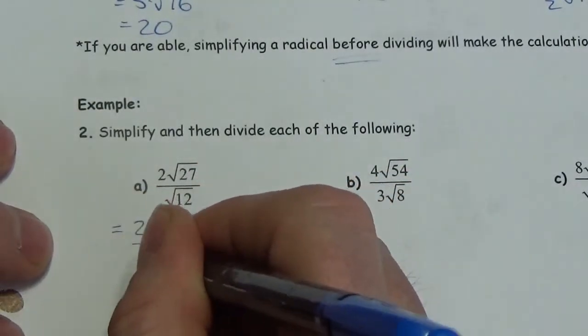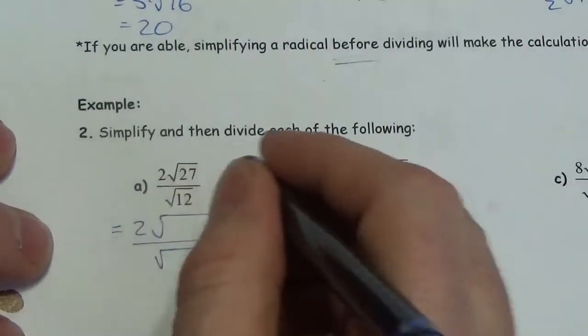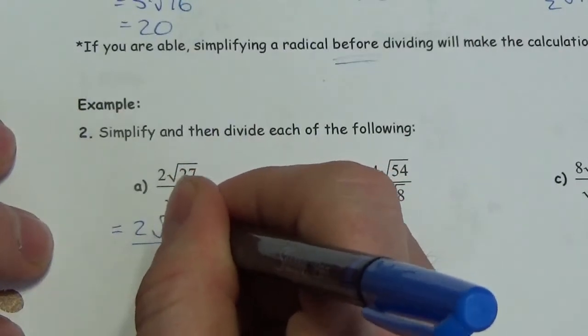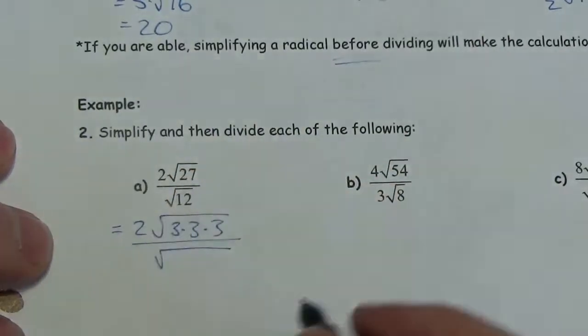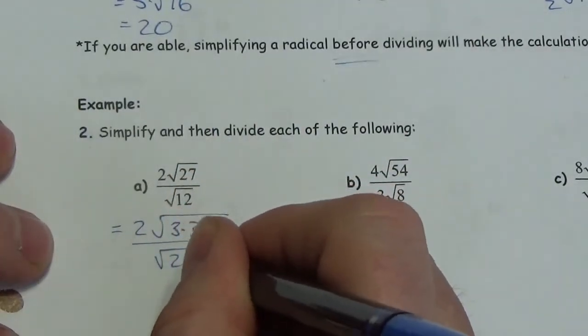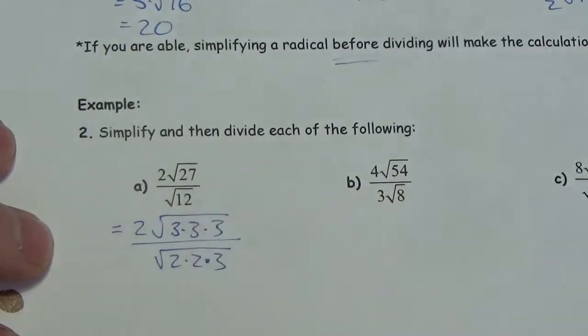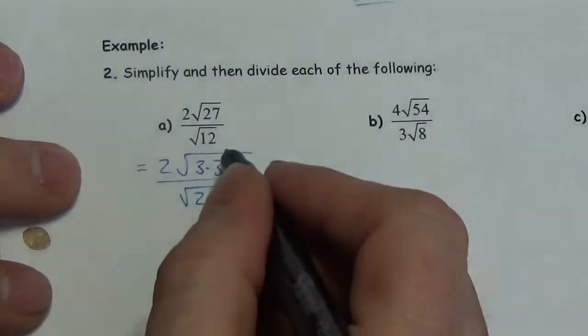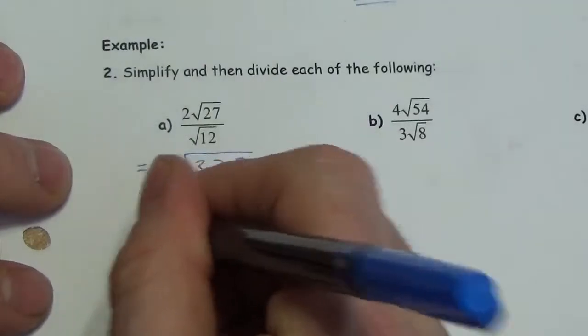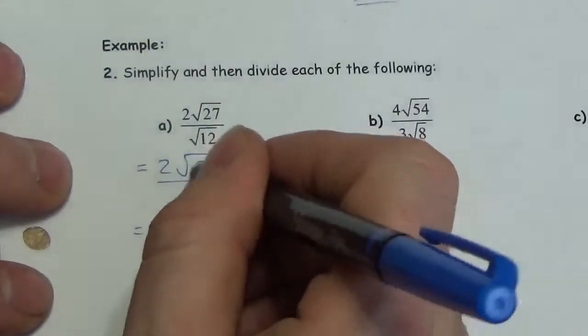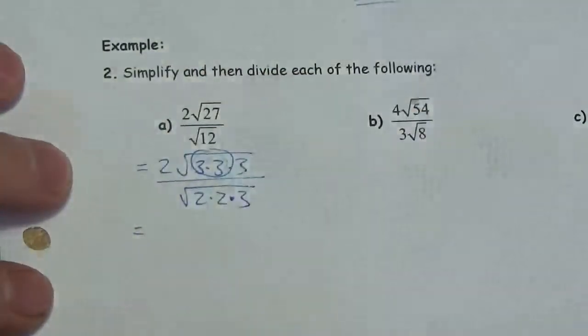One of the things that we could do here is split these radicands up. So 3 times 3 times 3, I know that that's 27. And 12, we just did an example like that, where that's 2 times 2 times 3. So I can pull out our representatives. I can pull out 1, 3 for that pair of 3's. I can pull out 1, 2 for those pair of 2's.